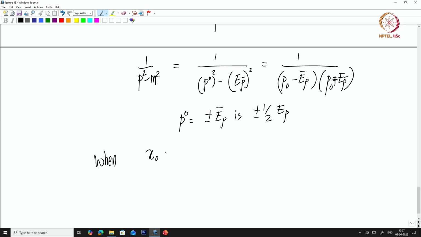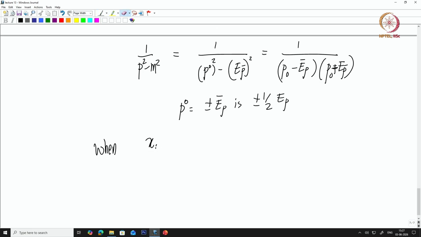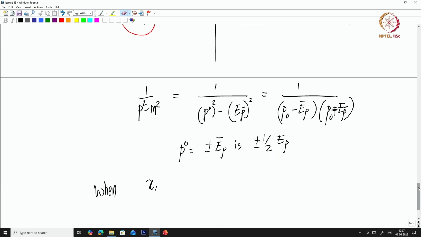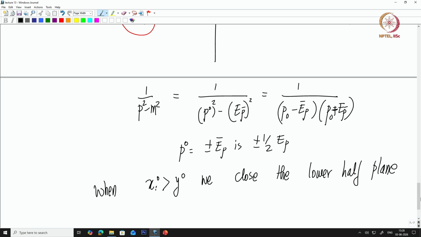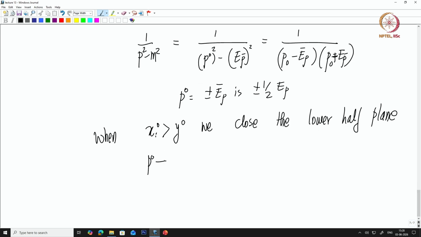x0 greater than y0, we close the lower half plane, where P0 goes to infinity, and this will pick up P0 equal to plus EP pole essentially.